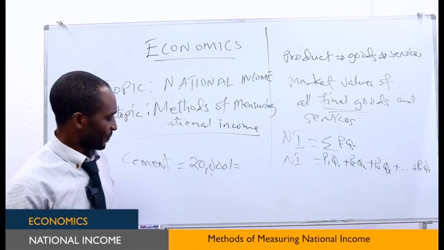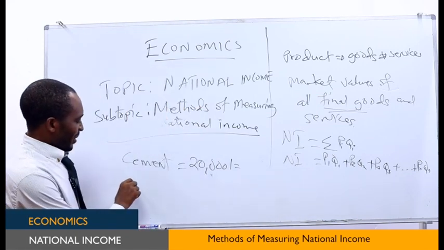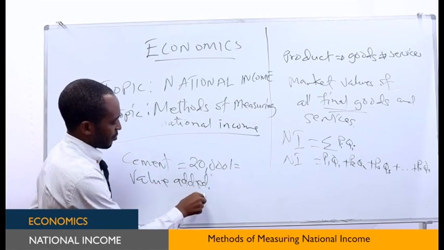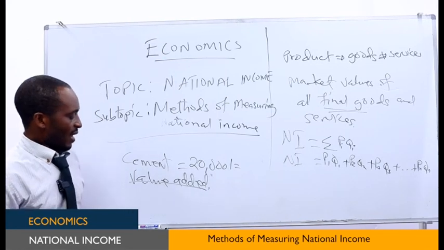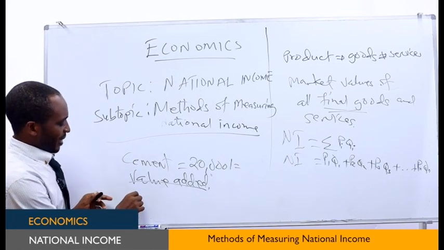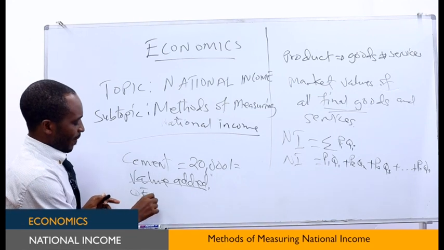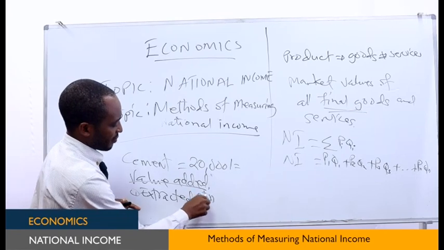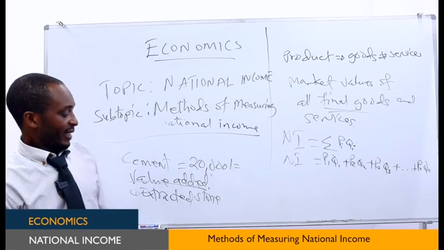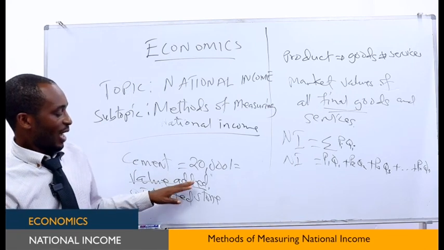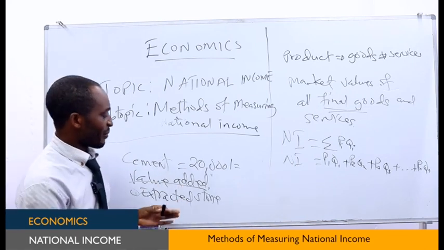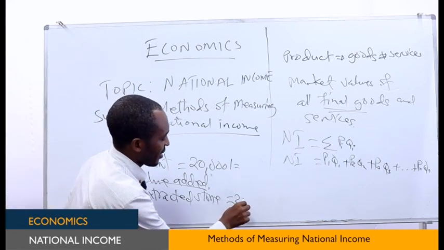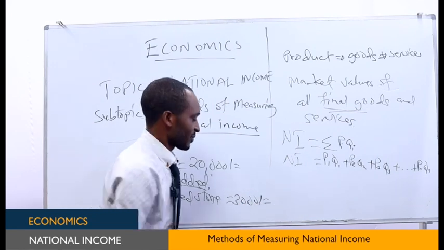So, assume now, by using the value added, assume the first person extracted stones. If his or her activity is extracting stones, maybe those stones can be valued at 3,000. Okay?